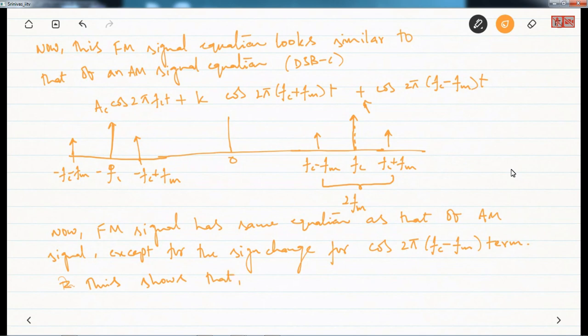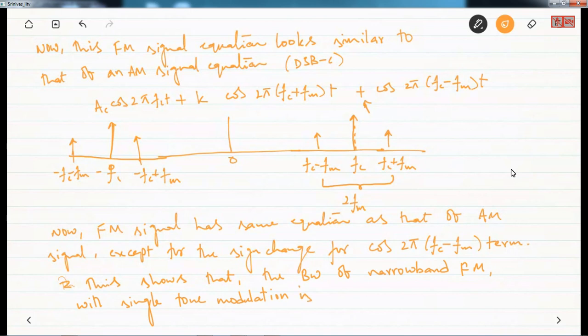This shows that the bandwidth of narrowband FM with single tone modulation is equal to 2 into FM.